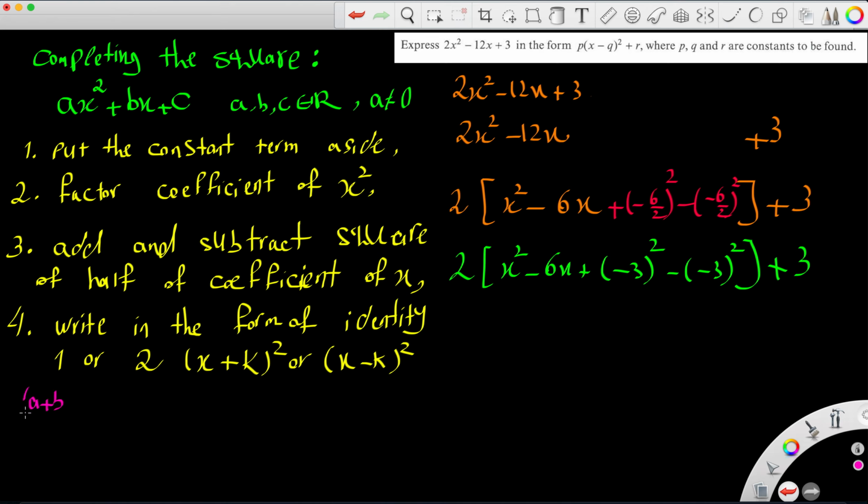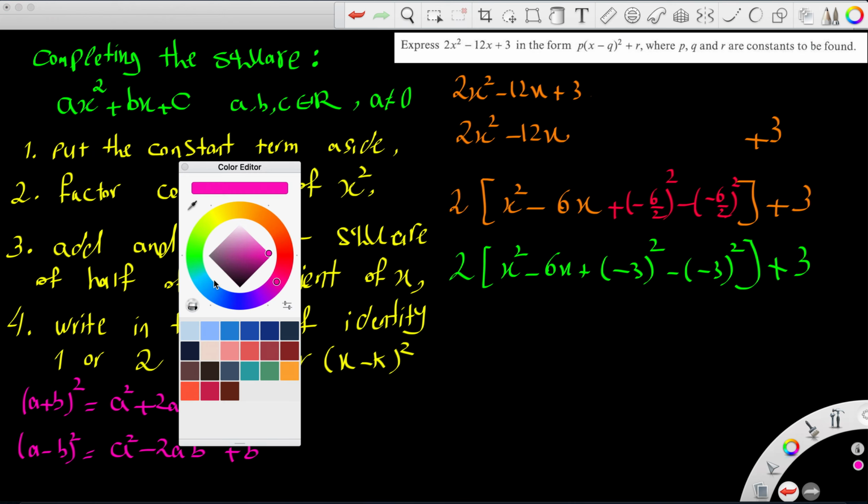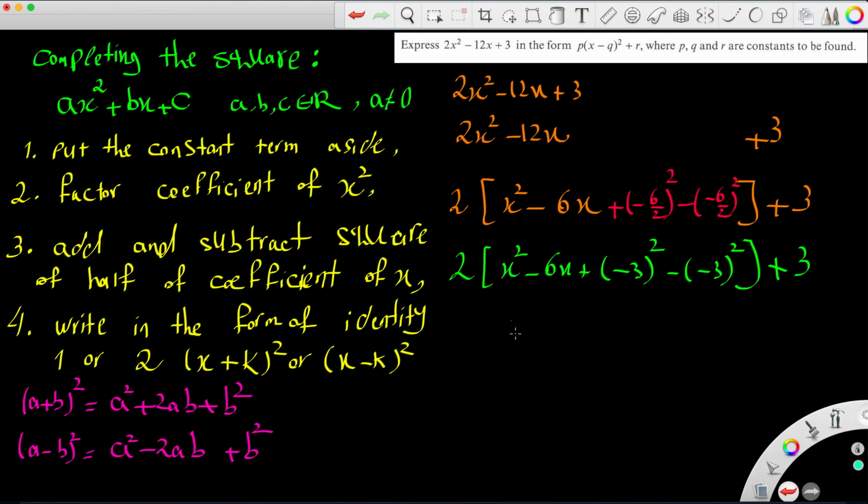A plus b squared, as you remember, is a squared plus 2ab plus b squared, and a minus b squared is equal to a squared minus 2ab plus b squared. Now, if you see these three terms together, x squared minus 6x plus minus 3 squared is forming this identity.